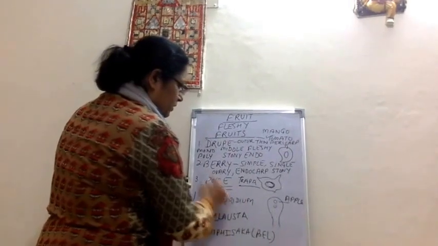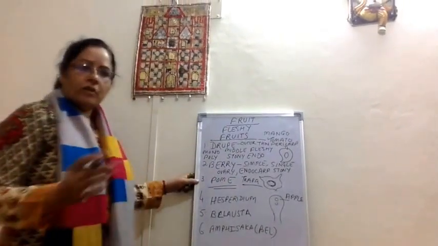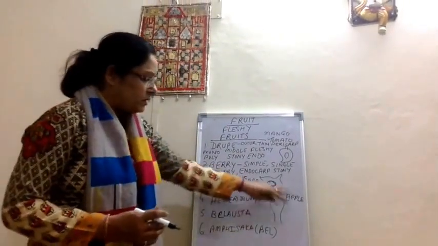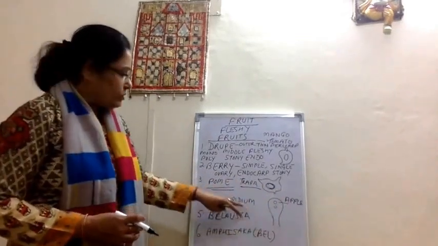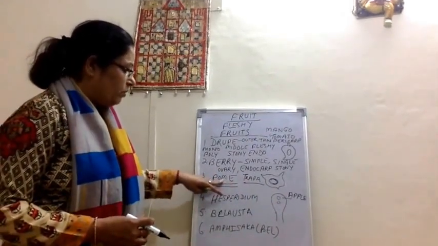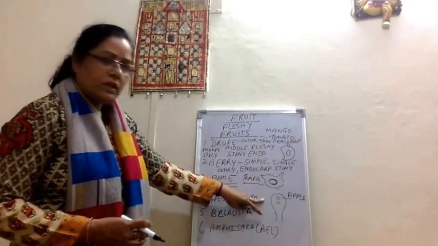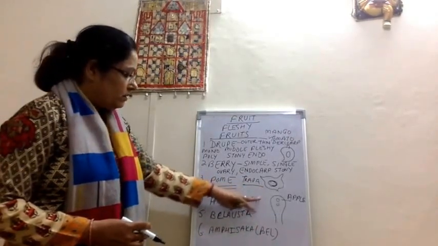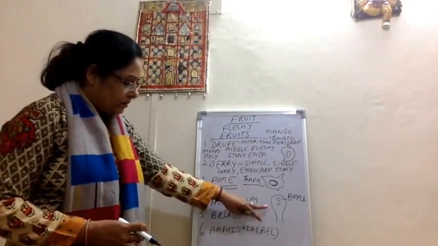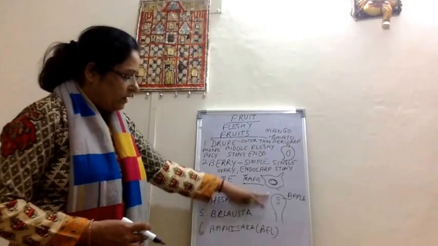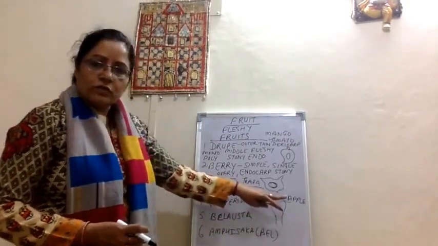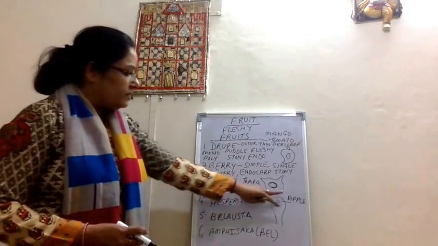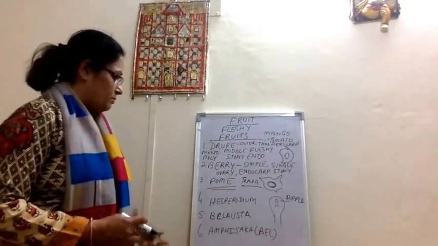That is pome. They are false fruit in which the thalamus becomes fleshy. It's also called pseudocarp.